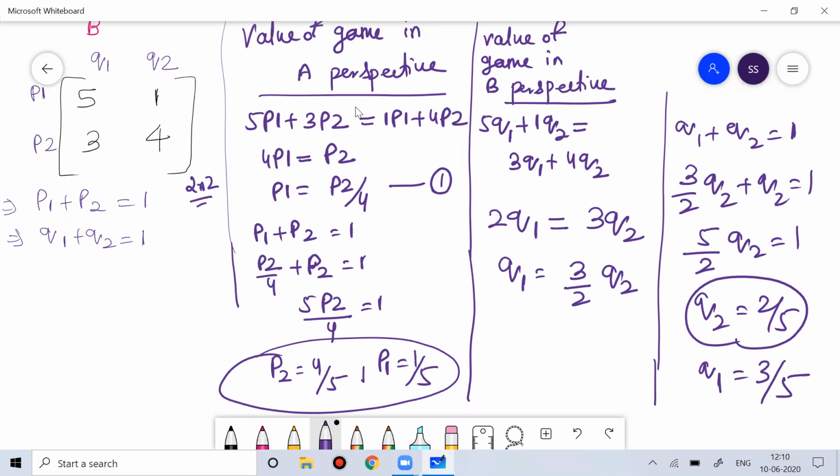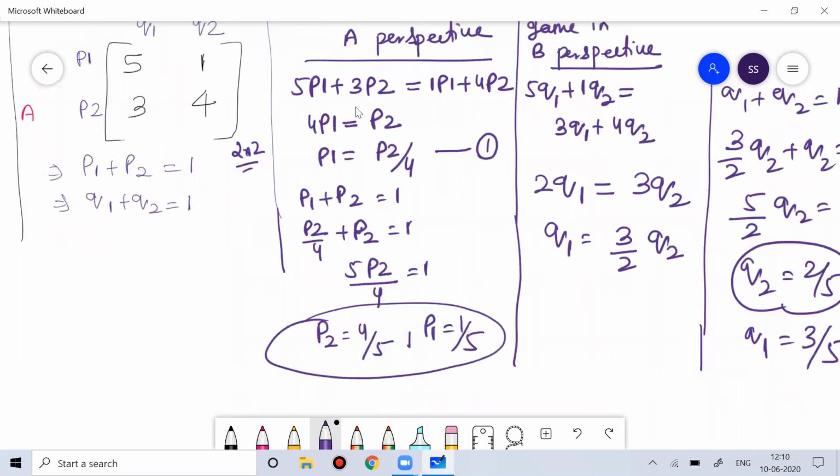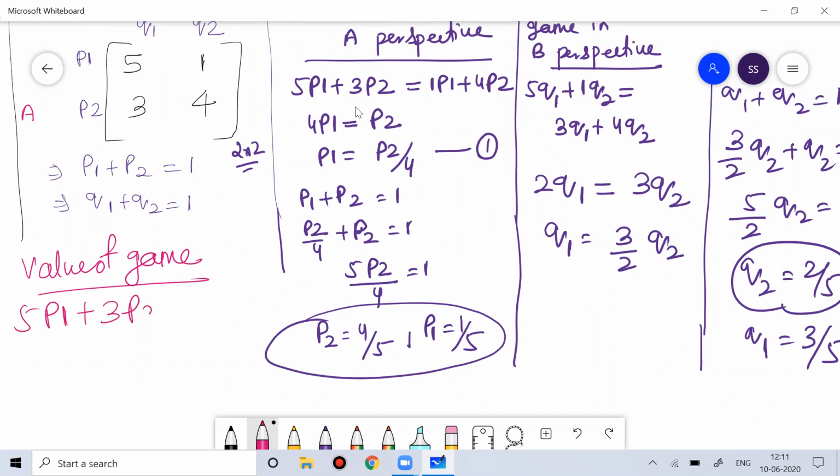Once you get this probability, you can easily determine the value of the game. If I want to determine the value of the game, it is 5p1 plus 3p2, or you can use p1 plus 4p2, it doesn't matter, and your answer will not be affected.